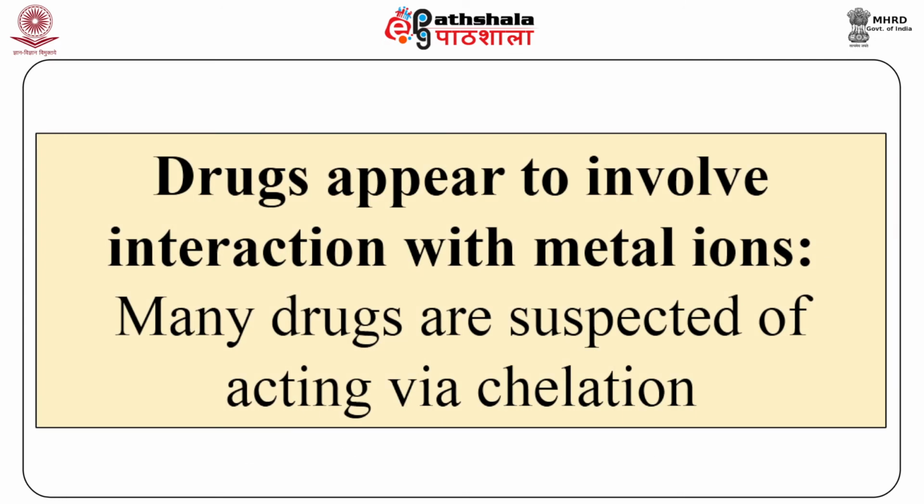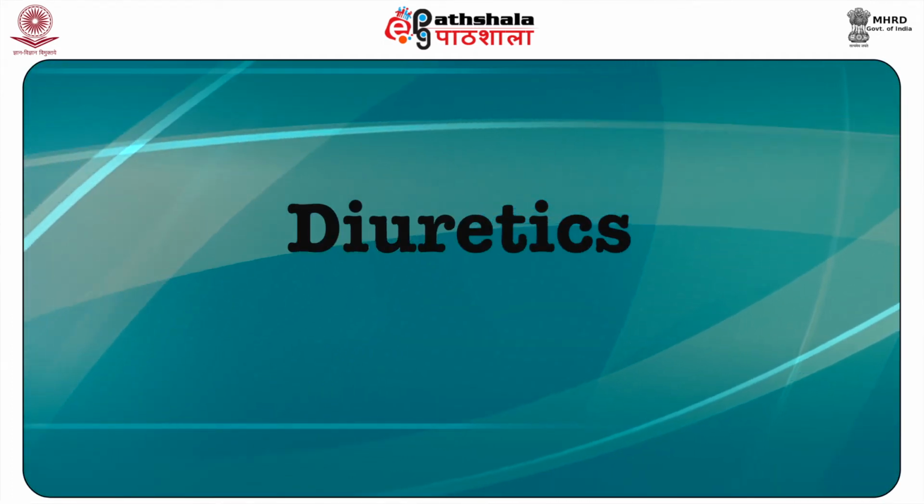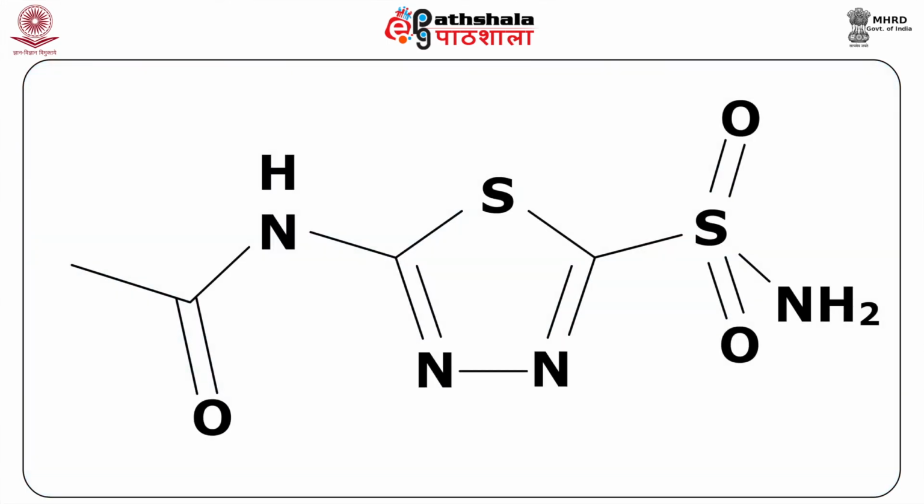Drugs appear to involve interaction with metal ions. Many drugs are suspected of acting via chelation. Example, diuretics. These are the drugs that promote the formation of urine. Example, acetazolamide.